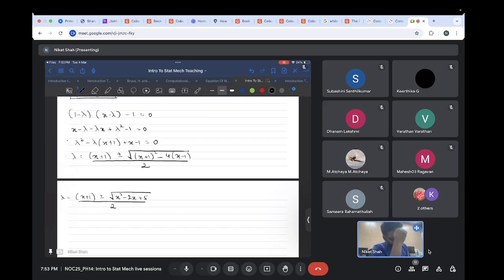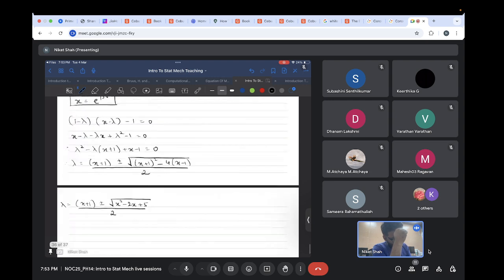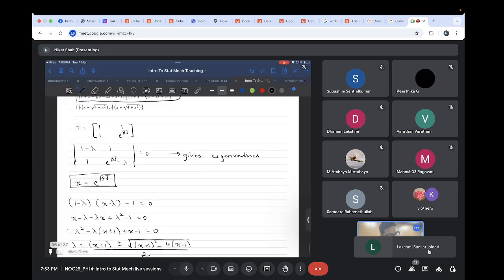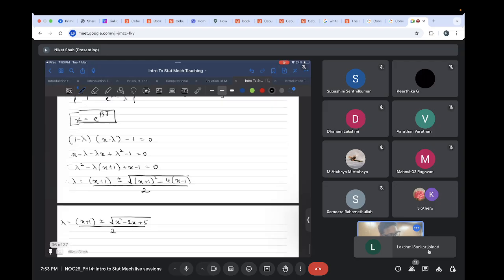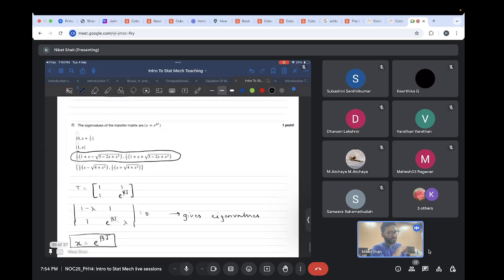So there are two values of lambda: x plus 1 plus square root of x square minus 2x plus 5, and x plus 1 minus square root of x square minus 2x plus 5. Clearly you can see the answer right here. So these are the two eigenvalues of the transfer matrix.